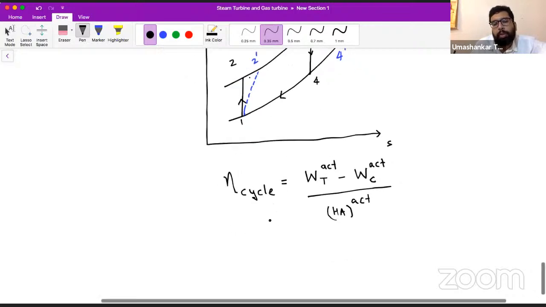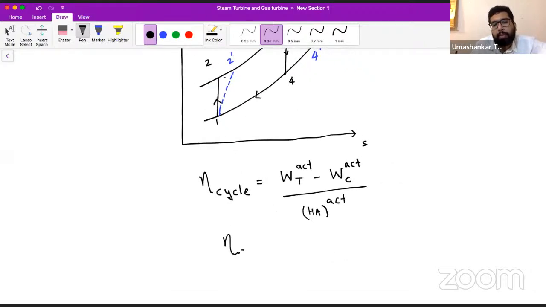So what will be the cycle efficiency, my friends? What is the actual work done in a turbine?